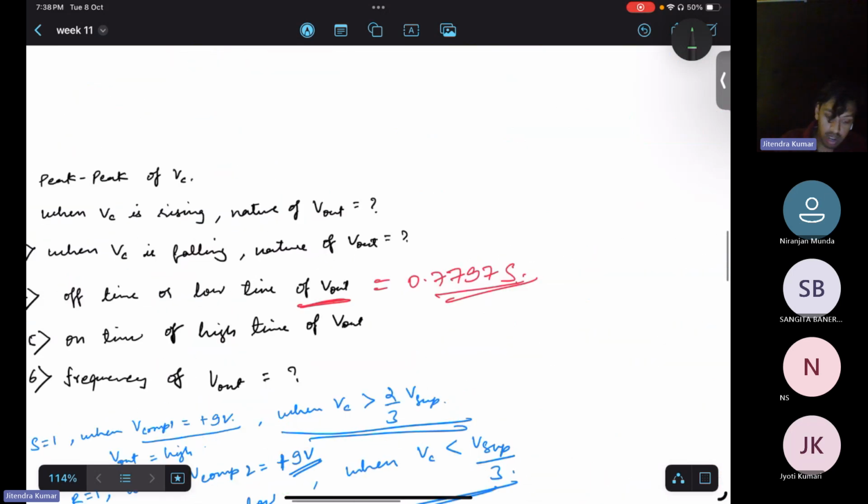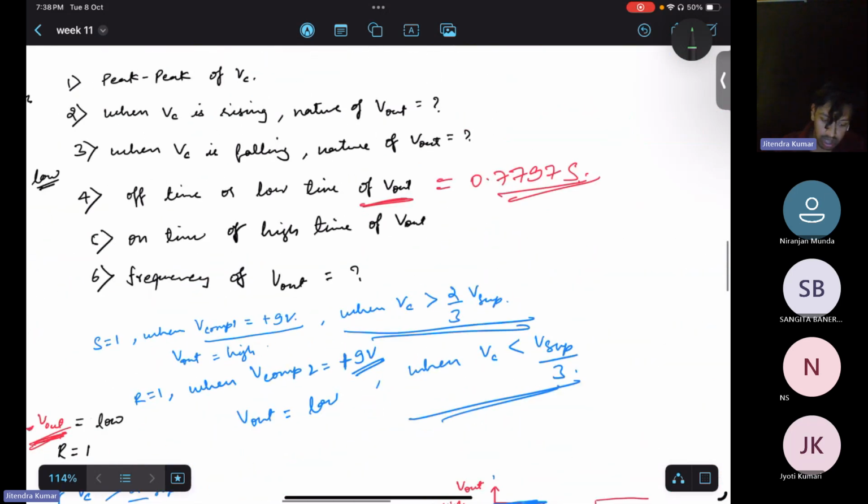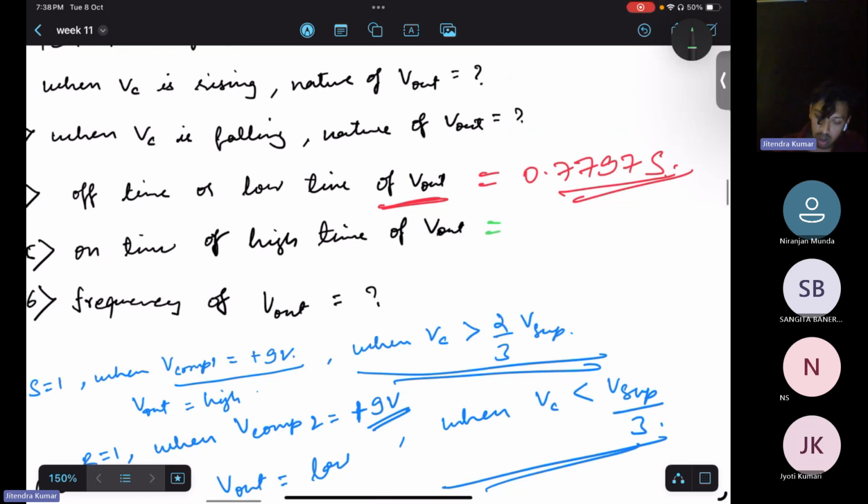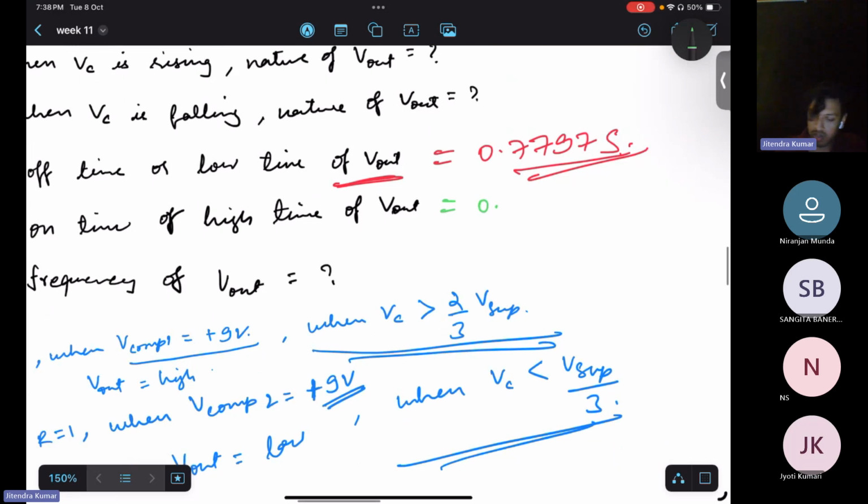So now let us see what the problem statements are. High time of Vout means discharging of capacitor, which is nothing but 0.433 seconds, how much we calculated.